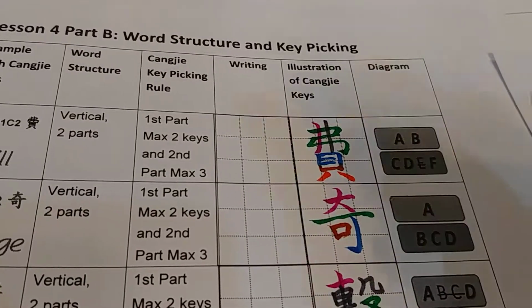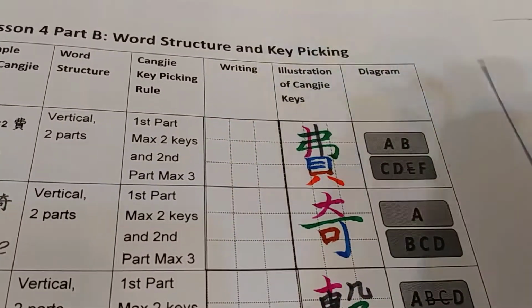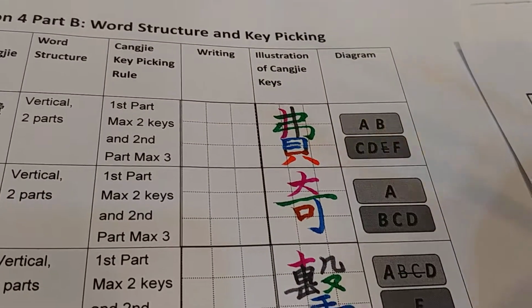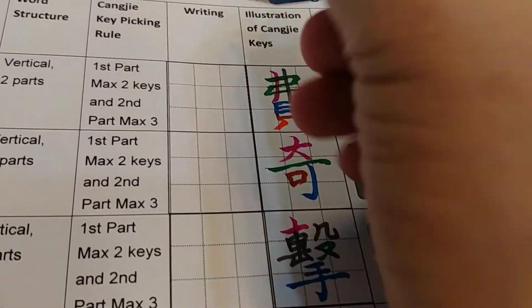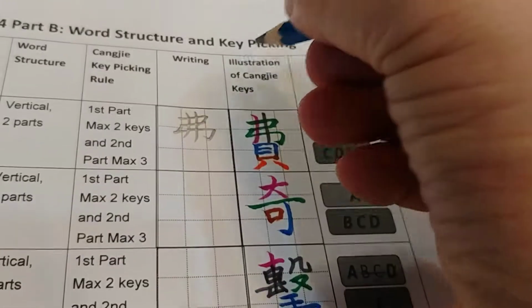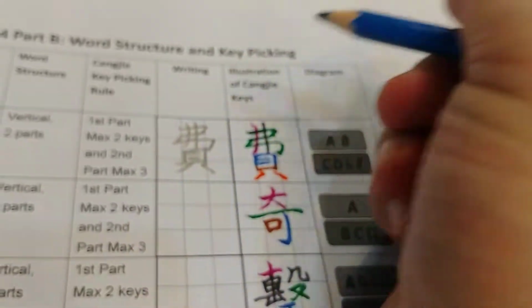Okay, this page is the second type of two parts word. The second kind of word structure is two parts word, and this is a vertical structure. I'm writing the upper part like this, and the lower part here, like this.